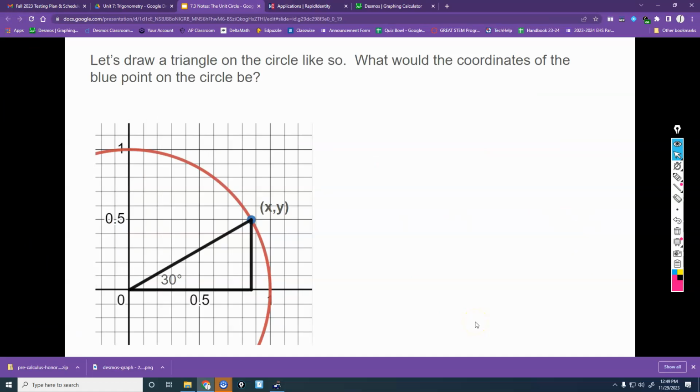now what we're going to do is we're going to take some triangles and put them on the circle. So what I've done is I took that circle that we just saw on the last slide and I've zoomed in a little bit, and I have put a triangle right here. This triangle has that vertex right there on 0, 0. This 0.5 is a little bit misleading.